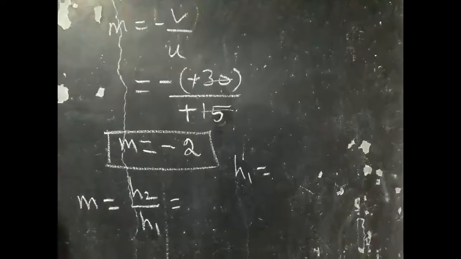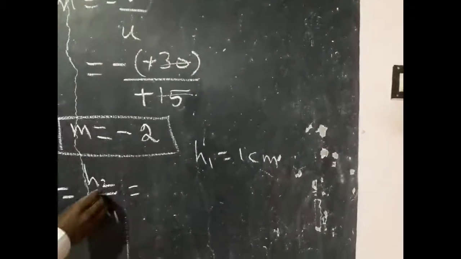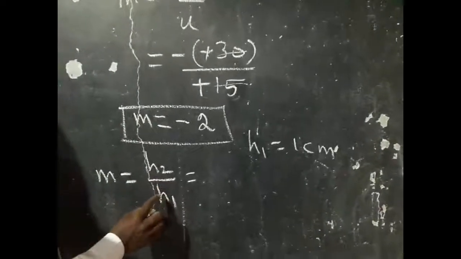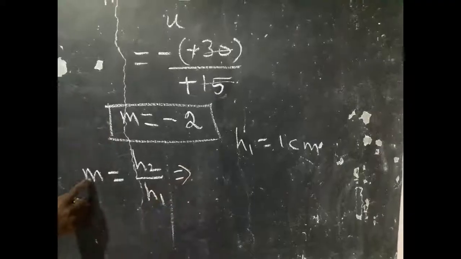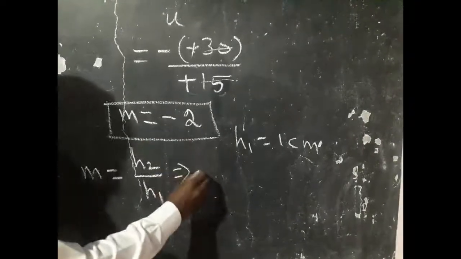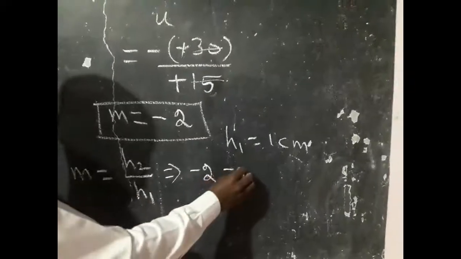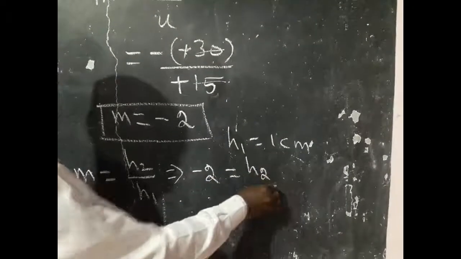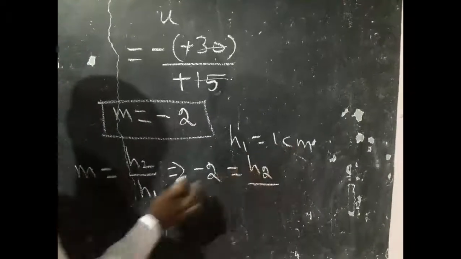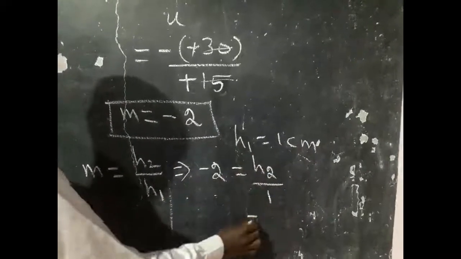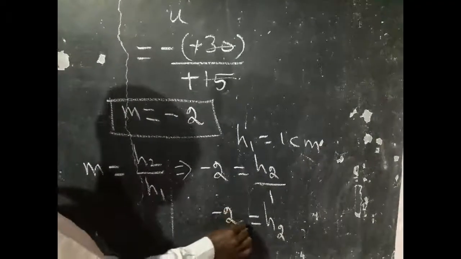Now we substitute the value of magnification, minus 2, and h2, the height of the image, is what we are going to find, divided by h1, which is 1. Therefore h2 is equal to minus 2 centimeter.